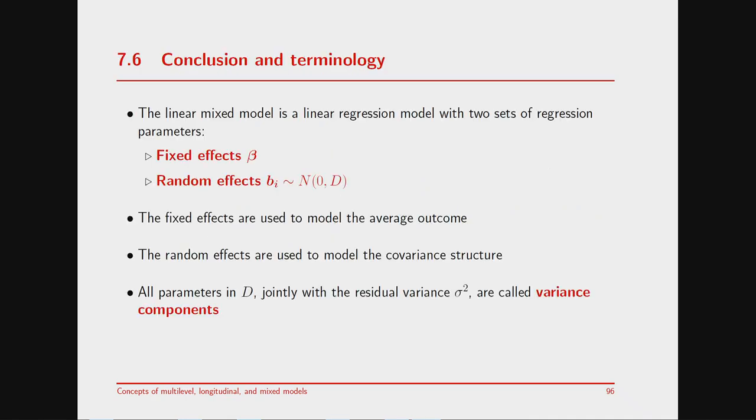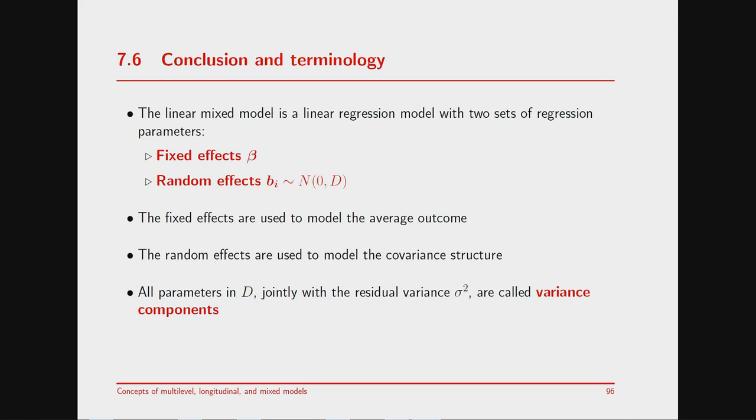Okay, just to conclude here, a linear mixed model is basically nothing else but a linear regression model with 2 sets of regression parameters. You can quite easily see that here you have these fixed effects, you have these random effects, so you have 2 different sets of regression parameters.